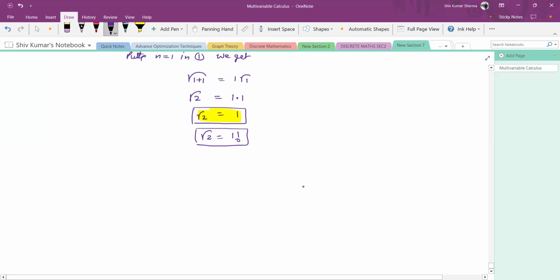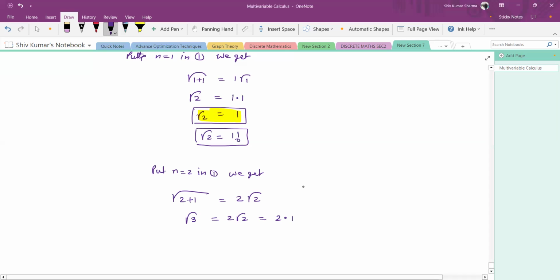So put n is equal to 2 in equation 1. So we get gamma 2 plus 1 is equal to 2 gamma 2. So when we put n equal to 2, the LHS gives us gamma 3 is equal to 2 gamma 2. What is the value of gamma 2? Gamma 2 value is 1.